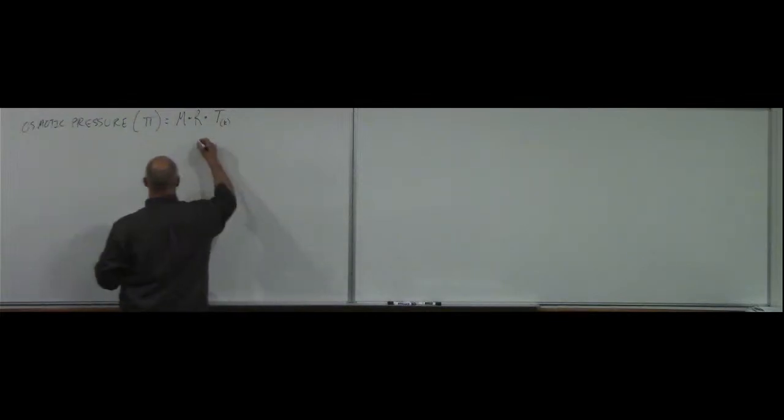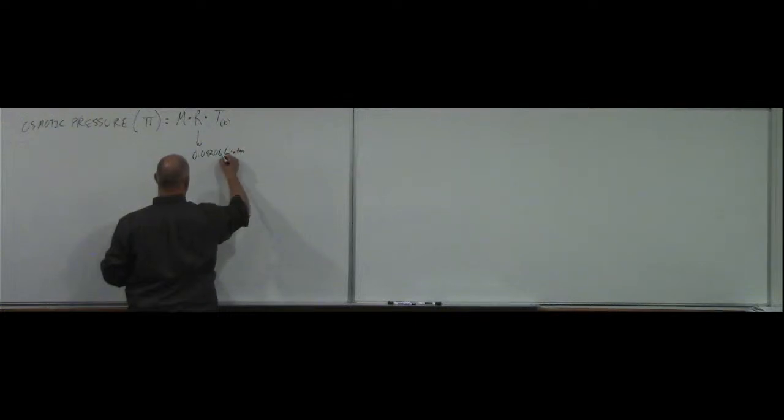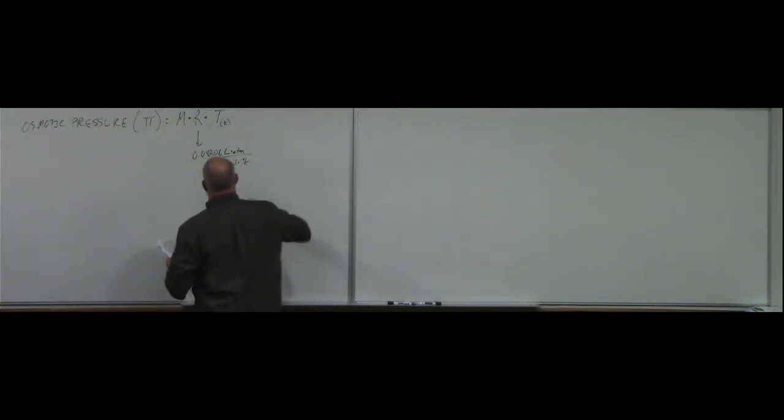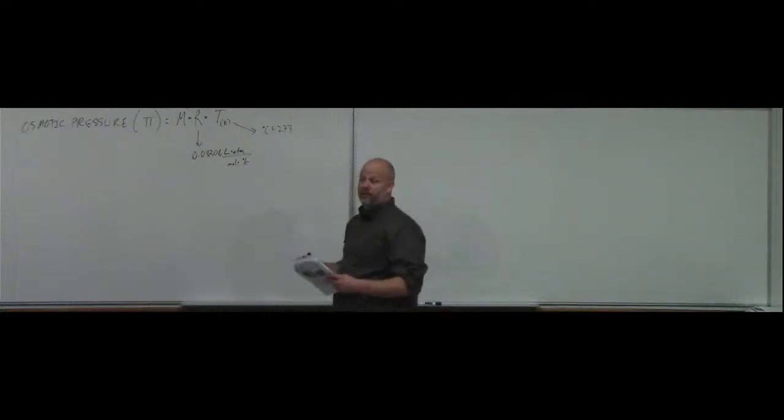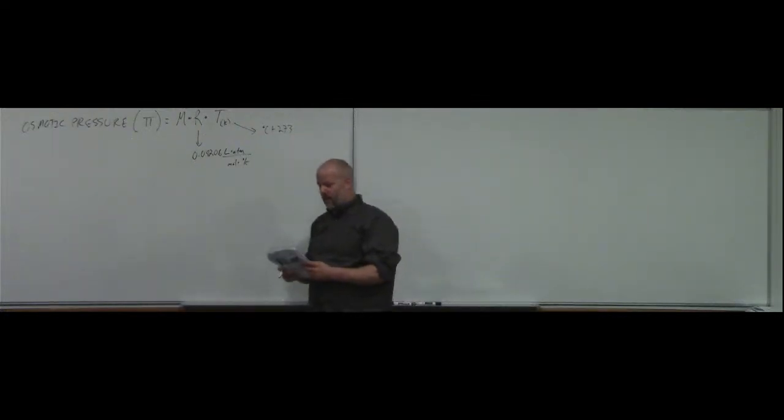This one is going to be 0.08206 liters atmospheres over moles degrees Kelvin. And of course, my temperature in Kelvin is degrees C plus 273. The book is having me skip the 0.15, so that works for me.